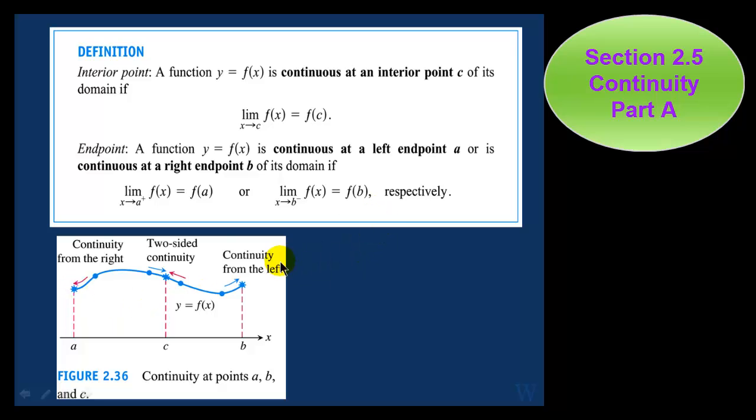And it would be continuity from the left if the limit of f of x as x approaches b from the left is equal to f of b. So here x is approaching b from the left, and my y values approach f of b.